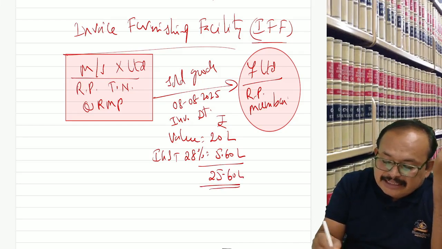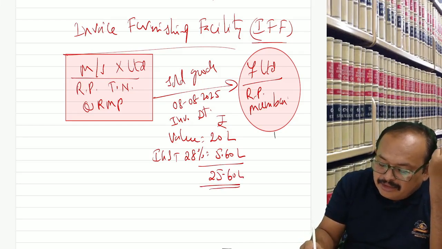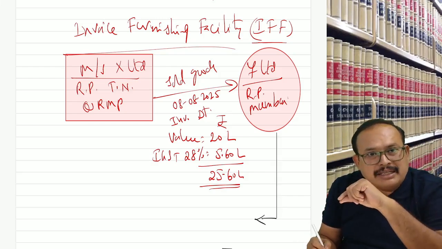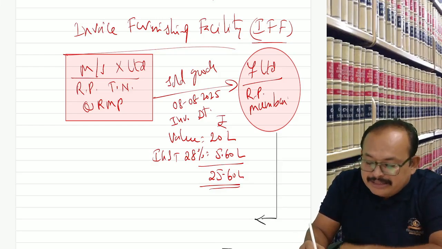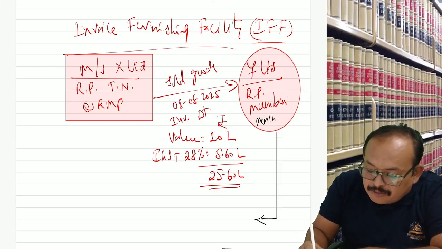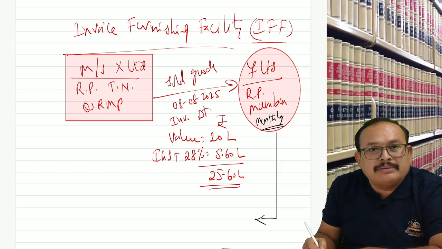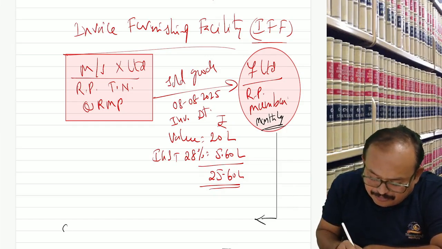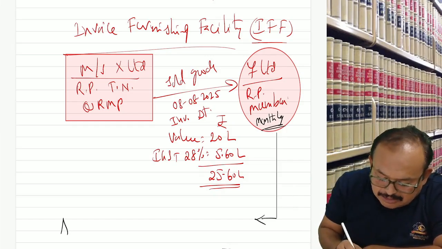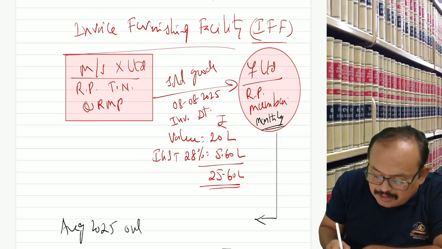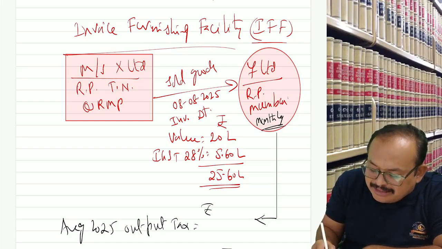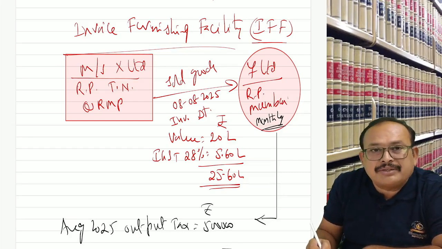Now, in the given case, tell me, for the recipient who wants to avail ITC, he is not a QRMP, he is a monthly payer. In the month of August 2025, they purchased it. For him, output tax is available, let us say 5 lakhs.